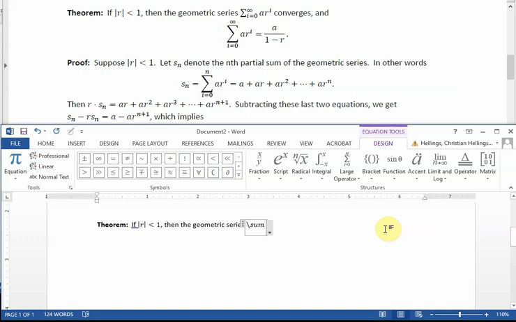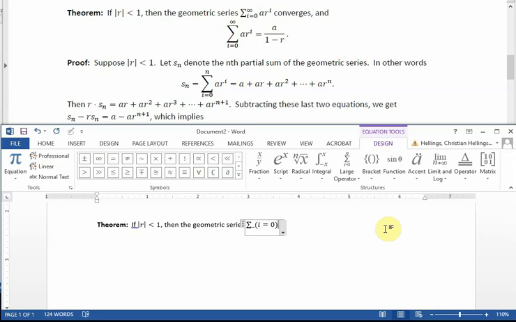So here's what I'm going to type. I'm going to type underscore. Now notice, as soon as I type that, the backslash sum already turned into my sigma, so that's good. Now, because my lower limit is i equals 0, which is more than one character, I actually need to put it into parentheses so that the equation editor knows that all of that should be part of the subscript, and so it should be in the lower limit of the series.